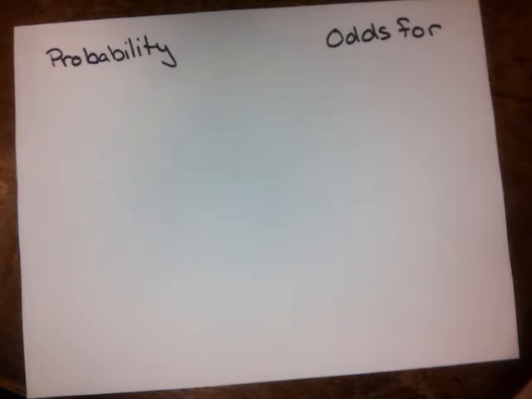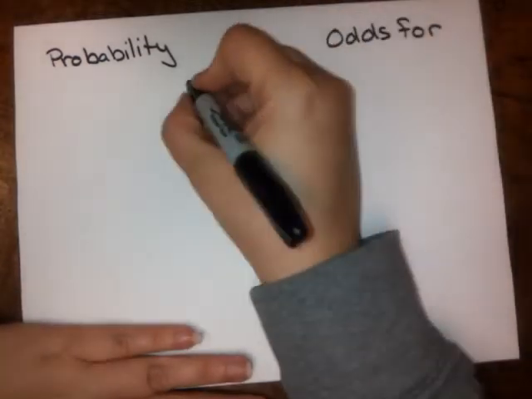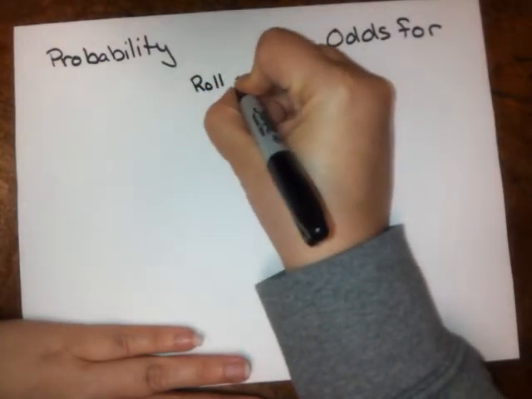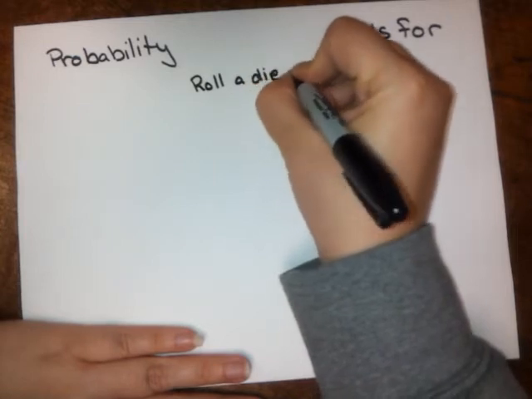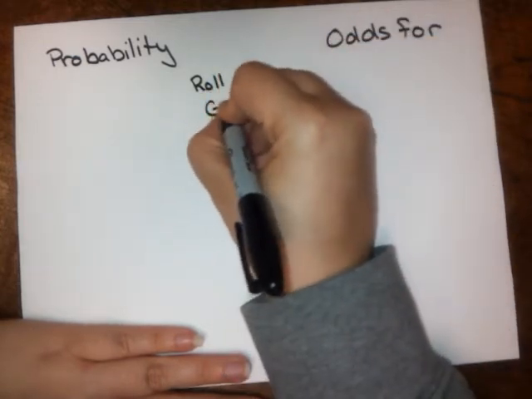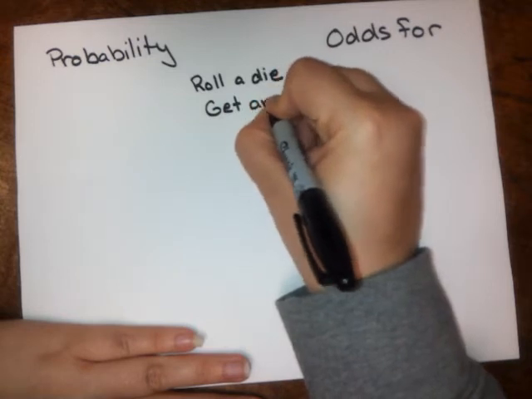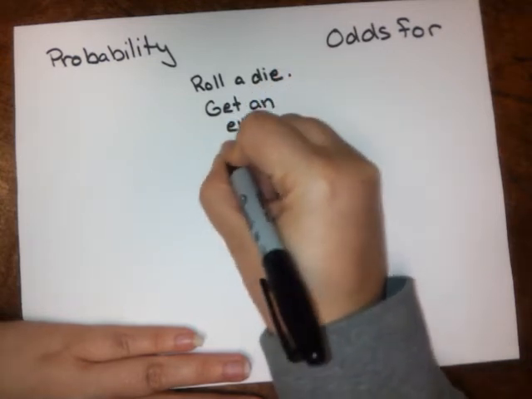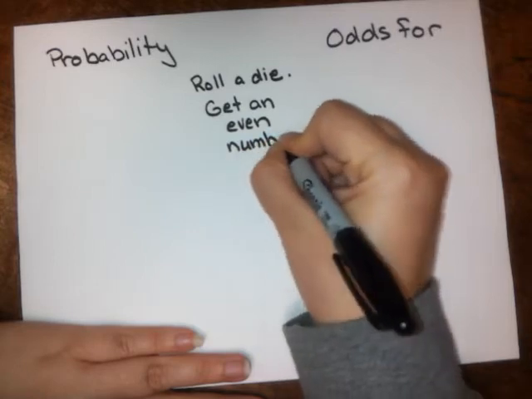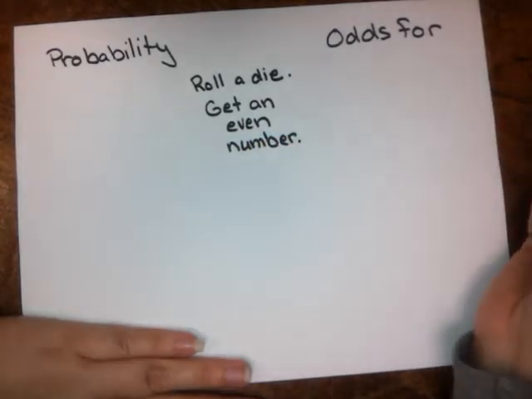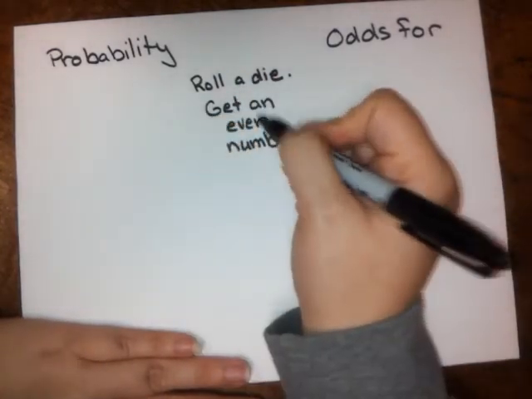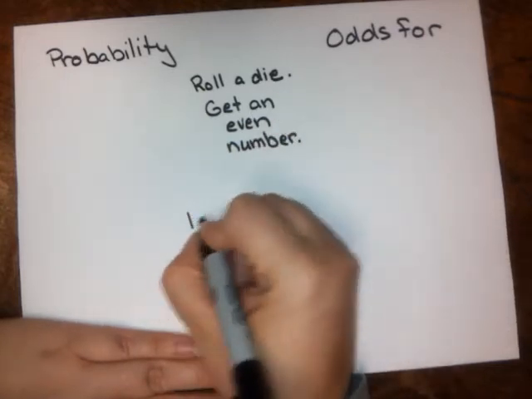And the example that I'll use for this one is going to be a die. So we're going to roll a die, get an even number. Okay, so that's what we're looking at. So the probability if we roll a die to get an even number, well, how many even numbers are there on a die?